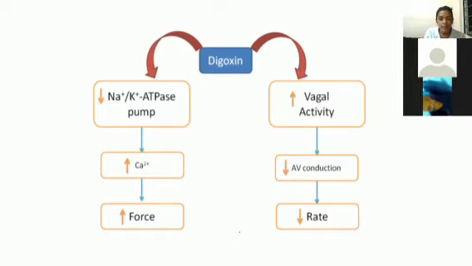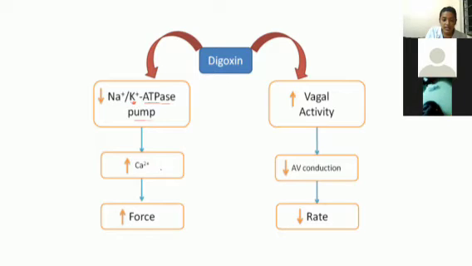In the mechanism of action, digoxin will bind to the sodium-potassium ATPase pump. The digoxin is binding to the same receptor site where potassium also binds in the ATPase pump.